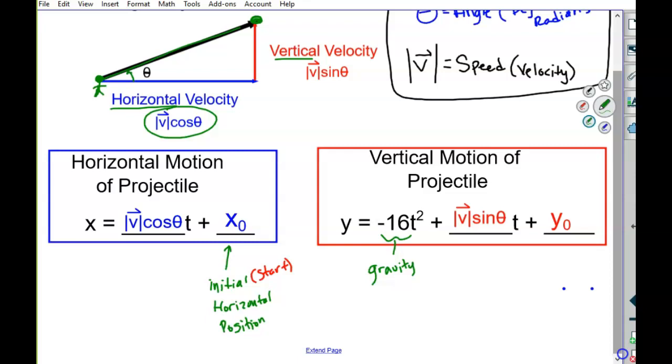But then we have our vertical velocity, which is right here. We have our vertical velocity times time plus y of 0, which is your initial, because of the 0, that's our starting or initial vertical height or vertical position.